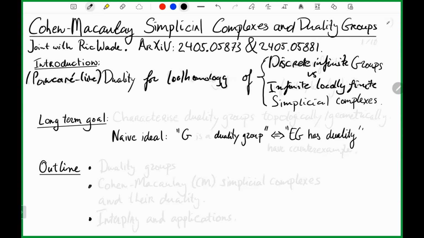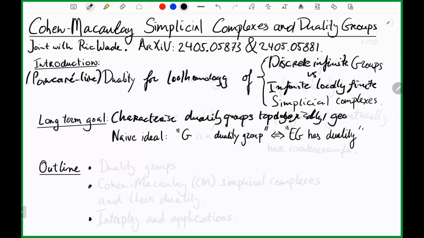So the long-term goal of this project, which we haven't achieved just yet, is to characterize duality groups topologically, or geometrically. We'll see that there are some things that you might need to have in terms of geometry.